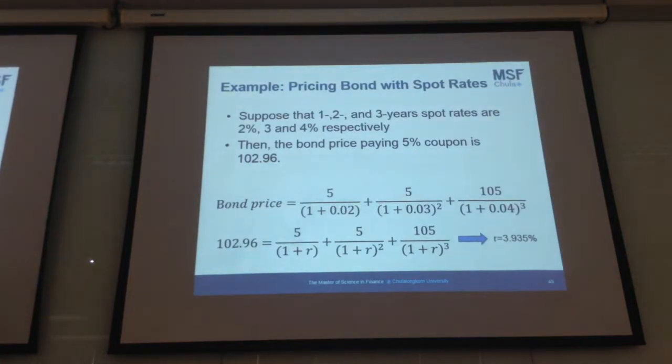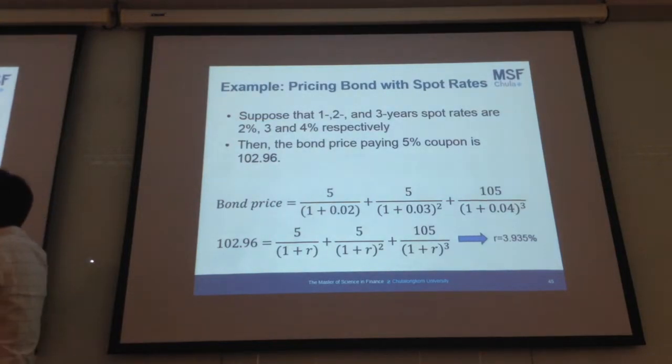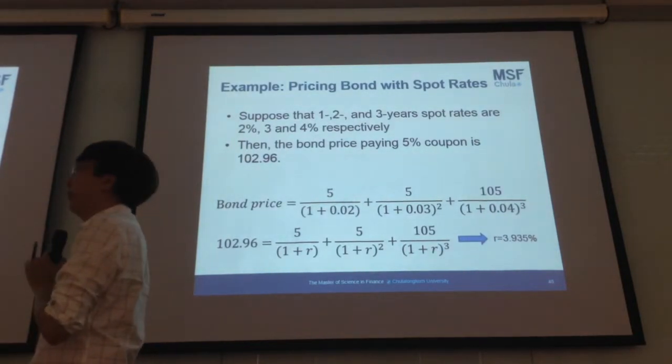So you get the bond price equal to 102.96. On average, the yield of this bond is equal to 3.935%. So in the past, if you plug this discount rate into all these cash flows, you get the same price of the bond.